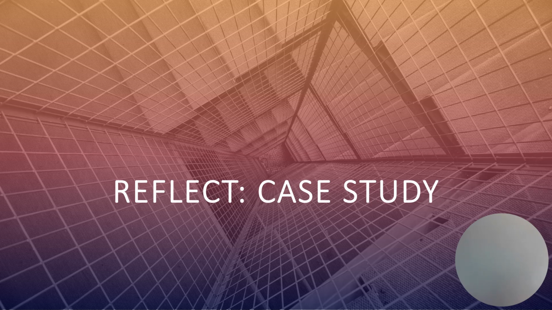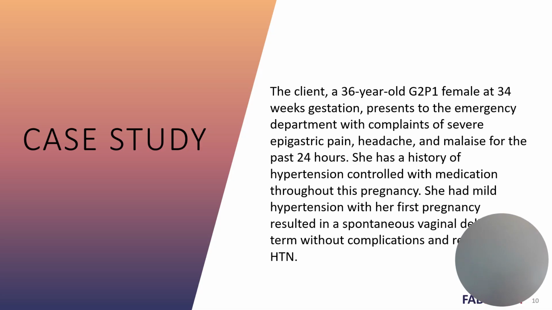So let's look at a case study. The client is a 36-year-old gravida 2 para 1 female at 34 weeks gestation, presenting to the emergency department with complaints of severe epigastric pain, headache, and malaise for the past 24 hours. She does have a history of hypertension controlled with medication throughout this pregnancy.